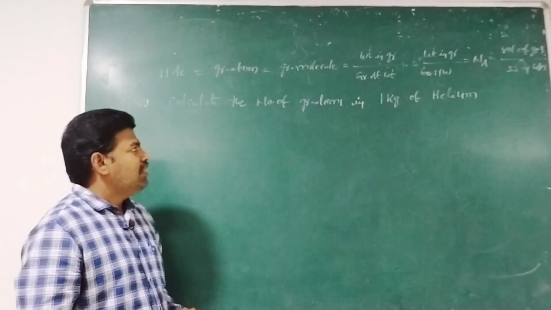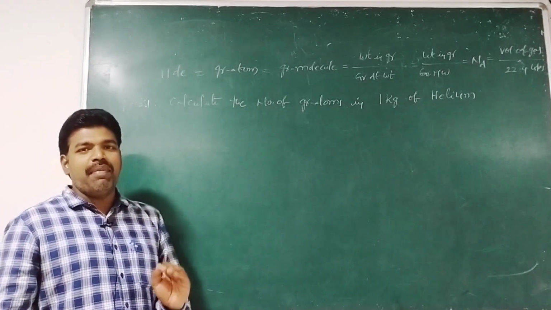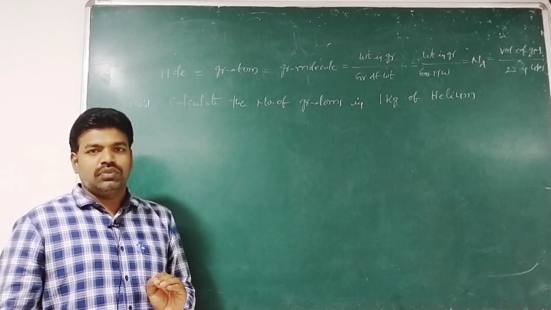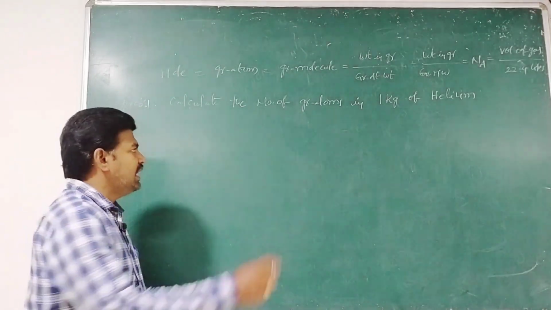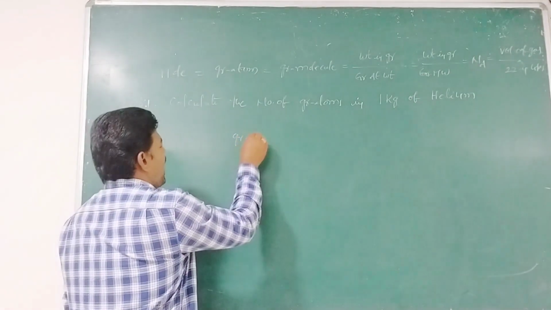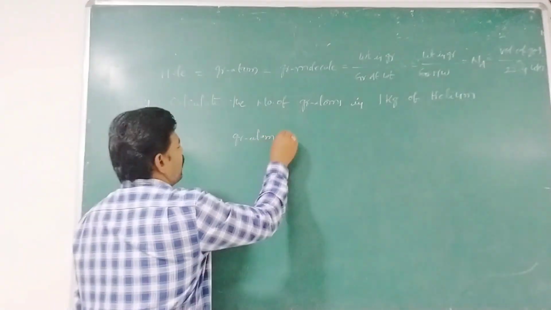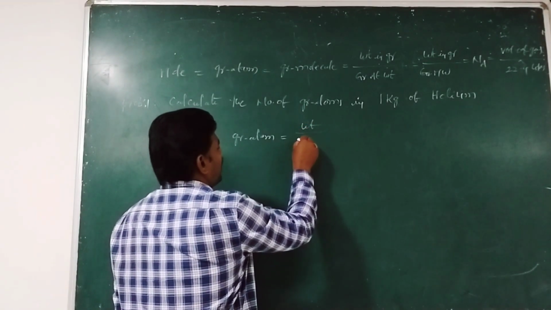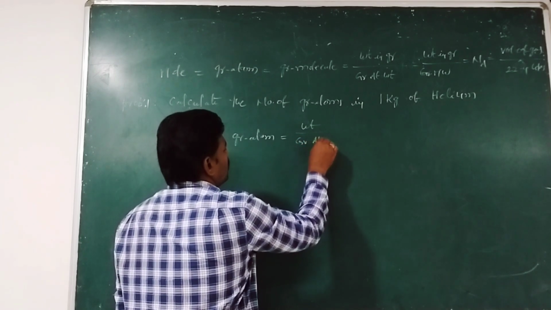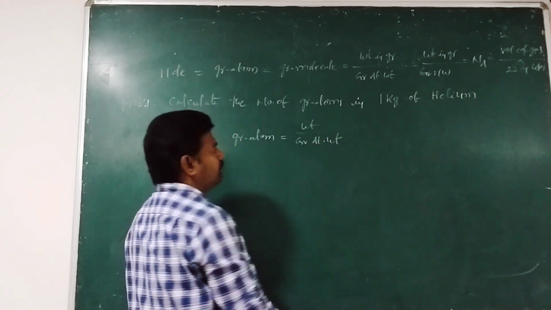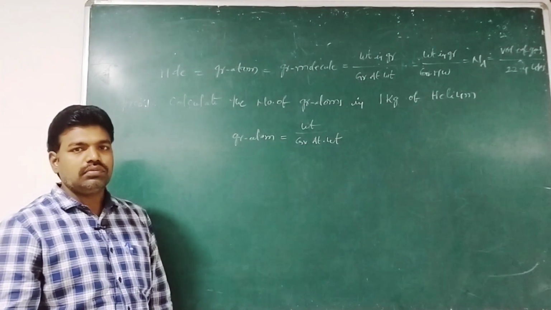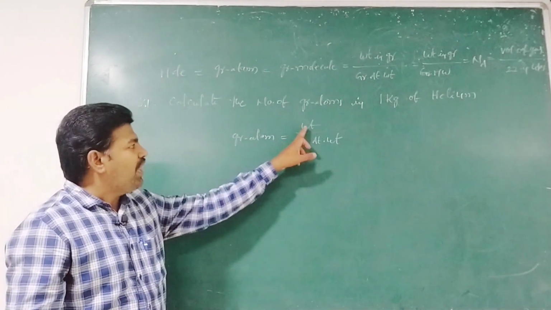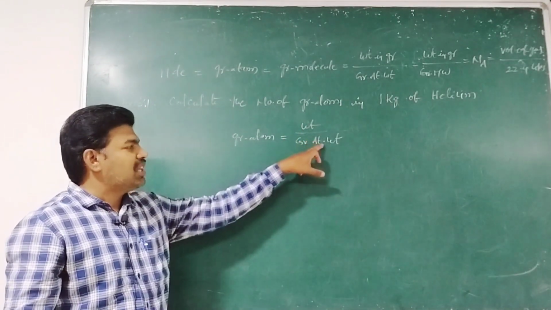We have a formula for gram atoms, that is, gram atom is equal to weight by gram atomic weight.